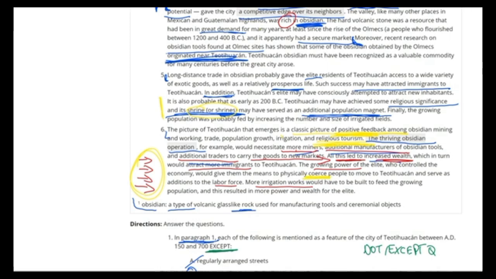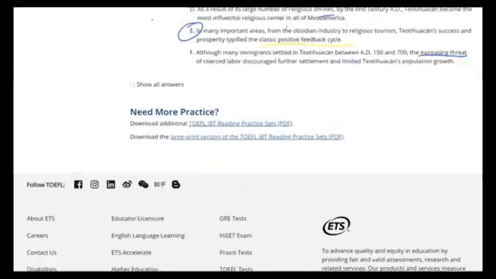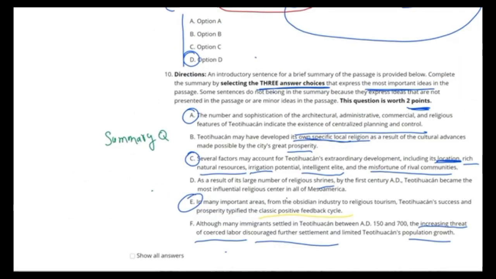That means being forced to move to the city and serve as labor force. That means they were forced to work there. But they don't talk about a diminishing population. They only talk about the growing population. This idea stands exactly in contrast to what is stated here. F is out, okay? We have A, C, and E. These are our correct 3 answers.